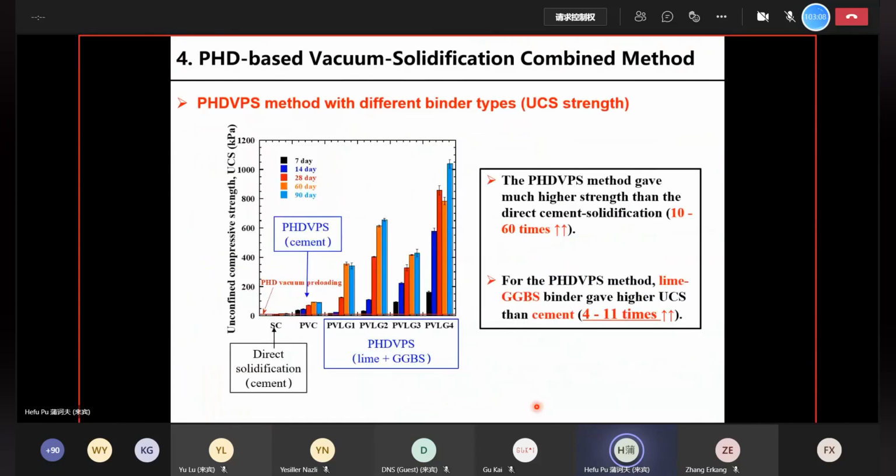And because of that, the strength was also increased significantly. On the figure, you can see that the proposed PhD VPS method gave much higher strength than the direct cement solidification. The increase is about 10 to 60 times. And as for the binder, the lime GGBS binder also gave much higher strength than the cement binder. The increase is about 4 to 11 times.